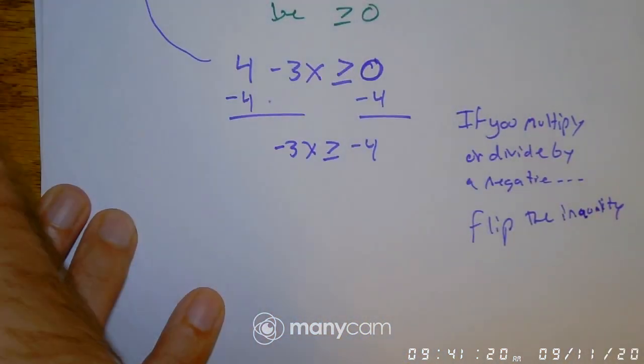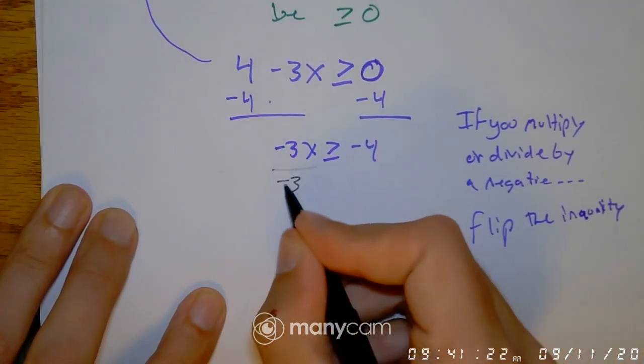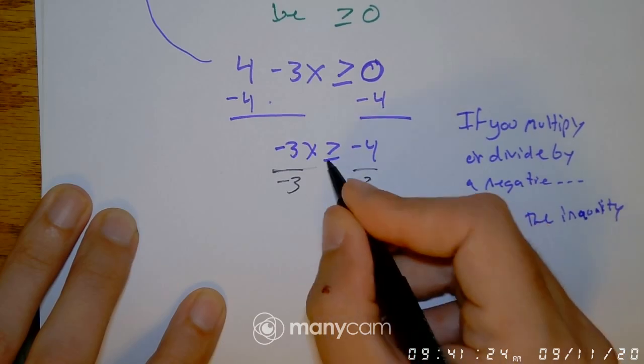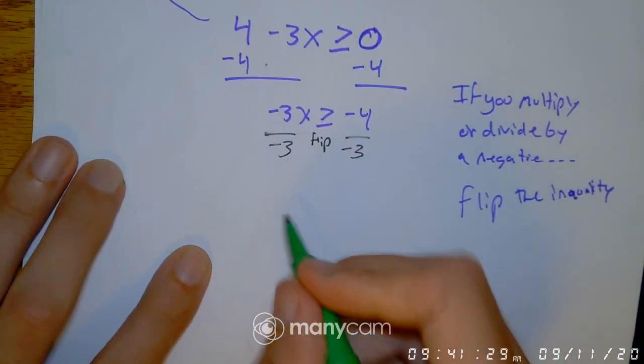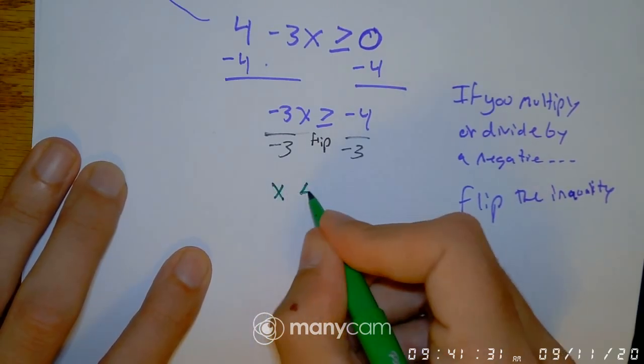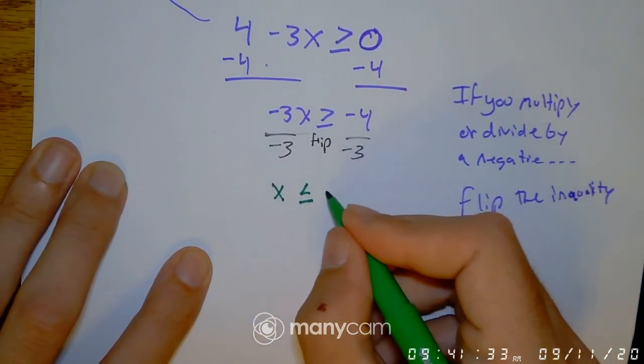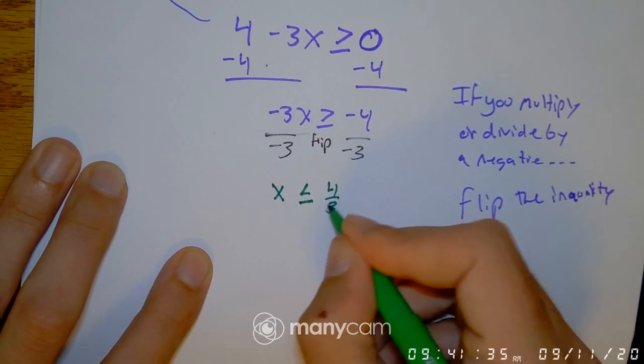So I'm going to divide by -3, but I have to flip when I do that. So I'm going to get x is less than or equal to 4/3.